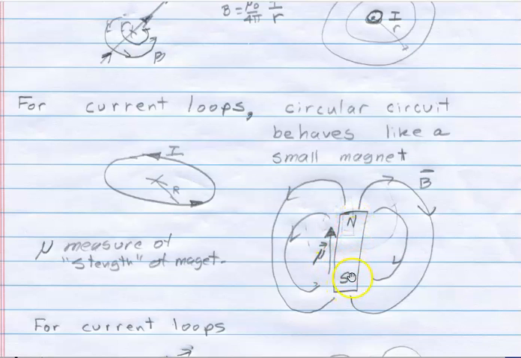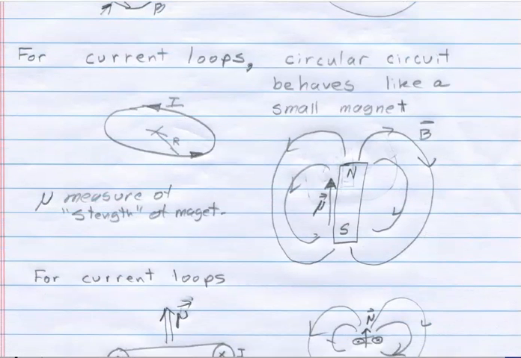Bar magnets are magnetic dipoles. They have a north and a south end. The magnitude of this vector is a measure of how strong the magnet is, and then of course the direction it points gives you the orientation of the magnet. So you can completely characterize a bar magnet in that fashion.